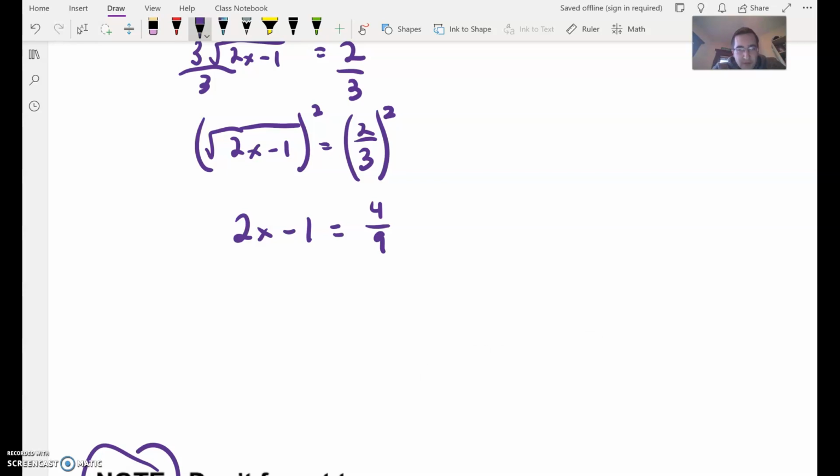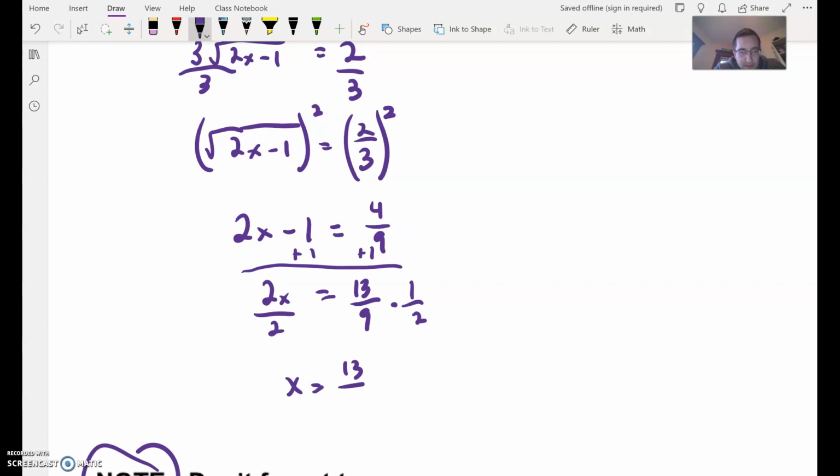So now we're just solving for x. For 2x, we have to add 1 to both sides, which is like 9/9. So 9/9 plus 4/9 is 13/9. Divide both sides by 2, which is the same thing as multiplying by 1/2. So the final answer is 13/18.